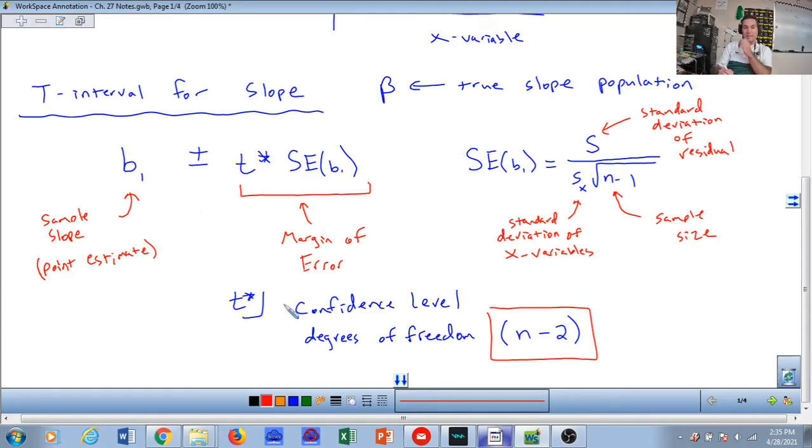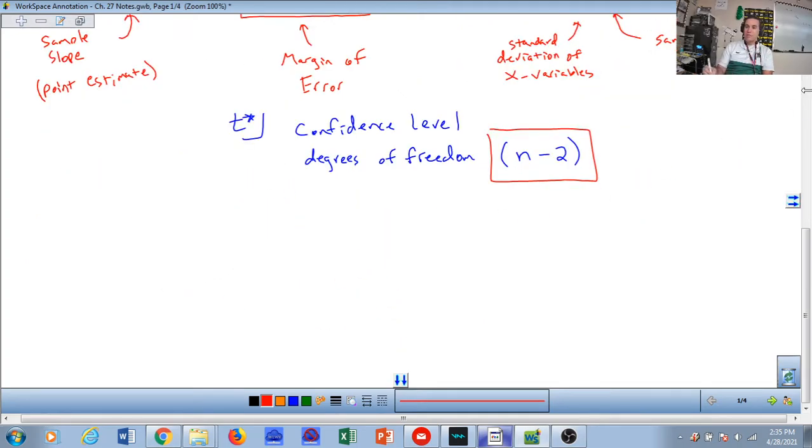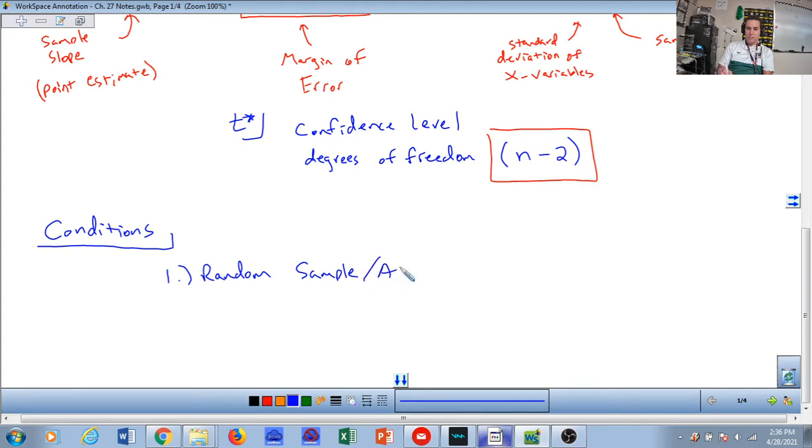Okay, now, I didn't even talk about conditions, right? So that's all you do for the formula. What are the conditions for running any of these things? T-test for slope, T-interval slope. Okay, here are your conditions. You need to have a random sample, or you did random assignment.